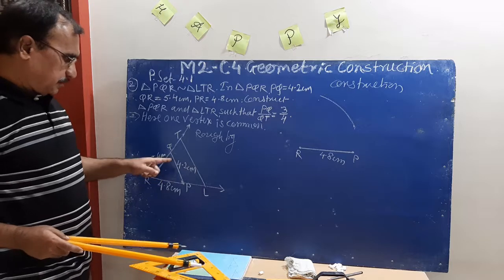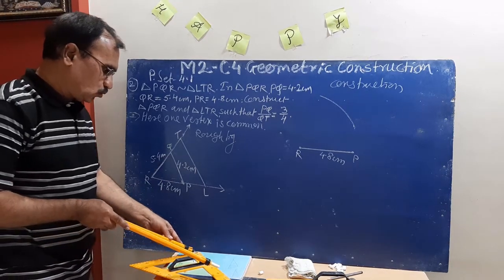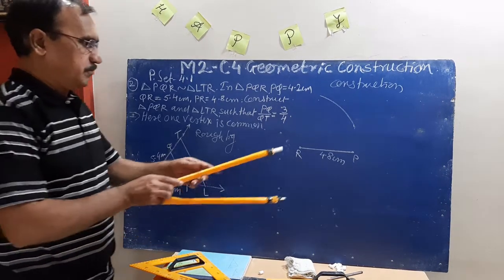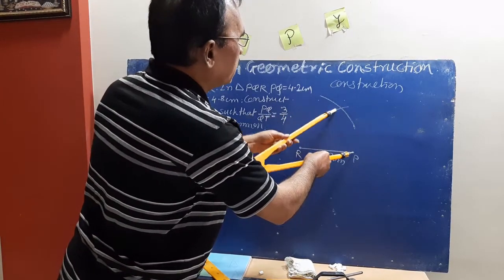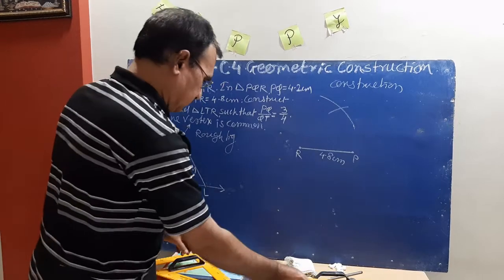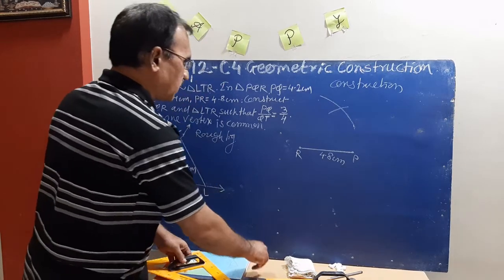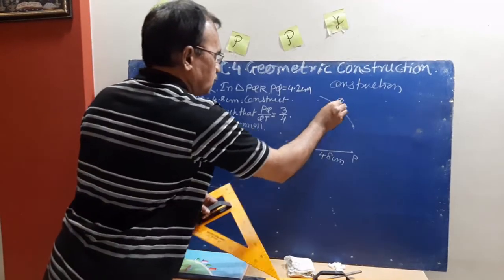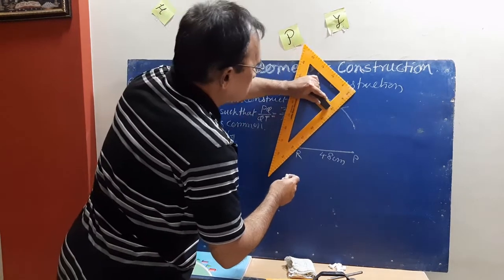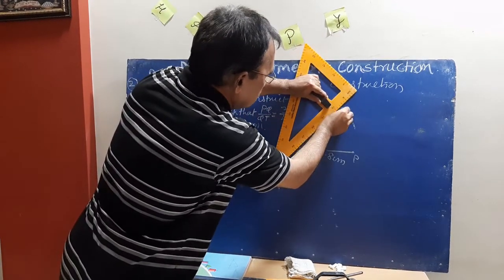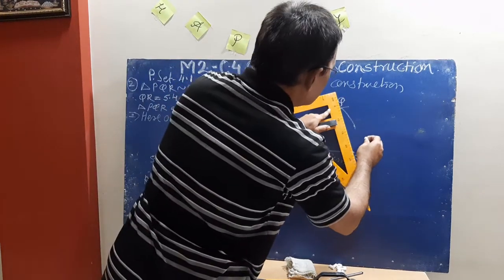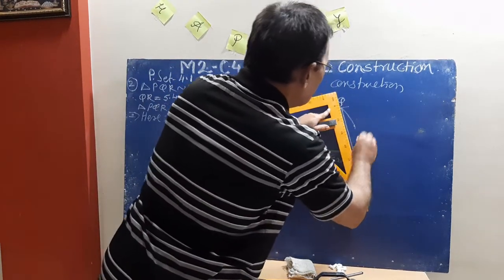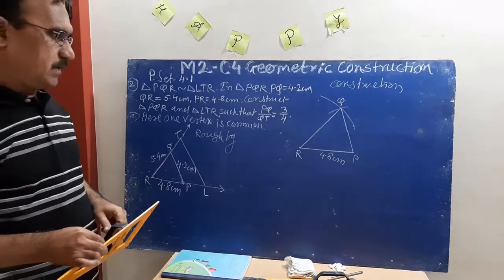Then PQ 4.2. Put your pointer on point P and draw an arc here. This is the third vertex. Join PQ. This is the first triangle whose measurements are already given.